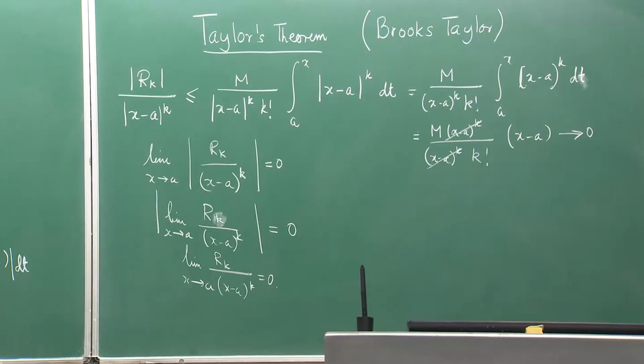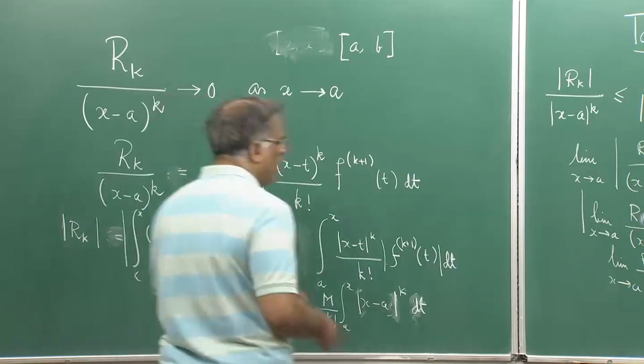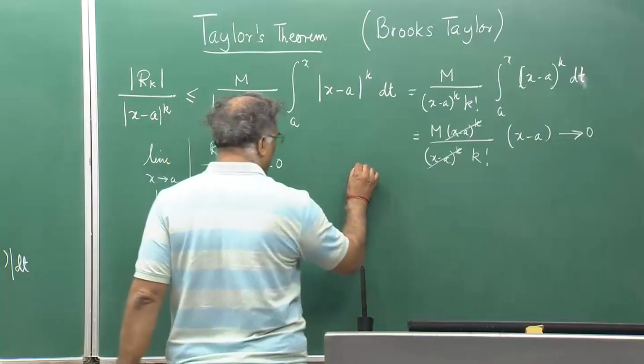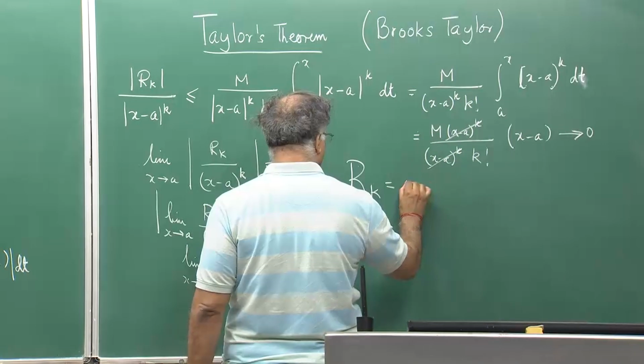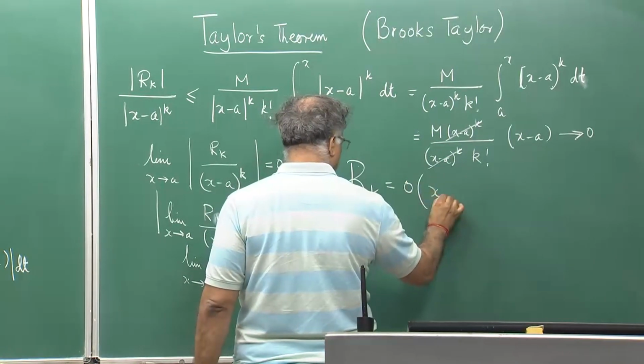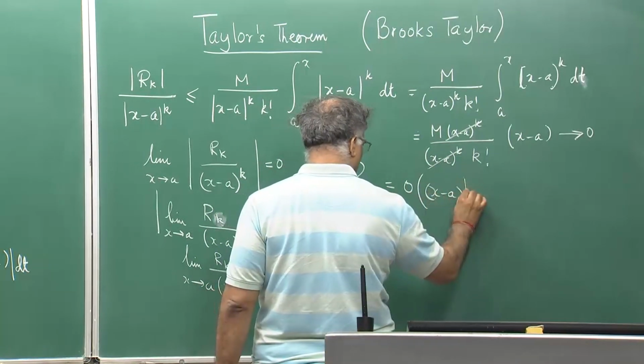So this is the key idea, that the error term, this r k in the parlance of mathematics, is written as small o of x minus a to the power k.